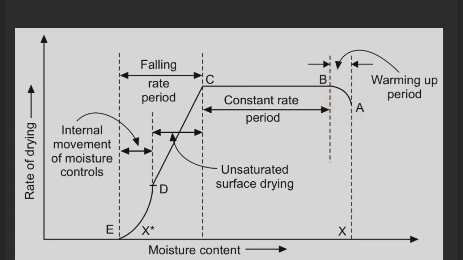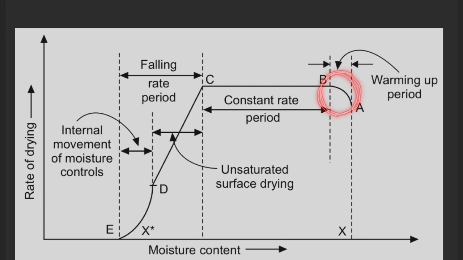As I said, in all drying operations we mostly use heated air. So this is basically the warming period, when we pass heated air over the wet solid, so that the temperature of the solid becomes equal to the temperature of the drying air.